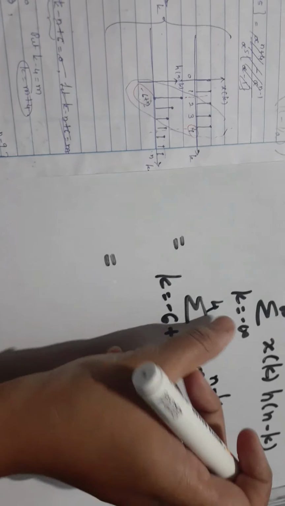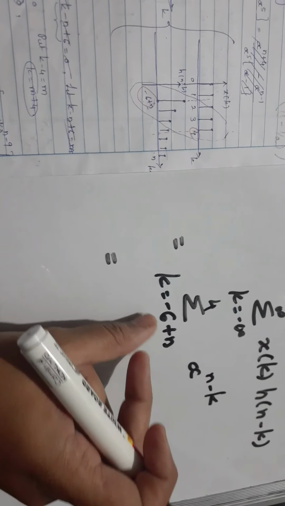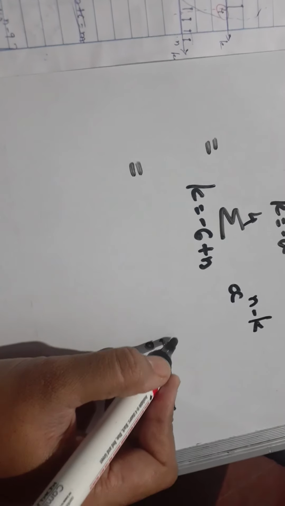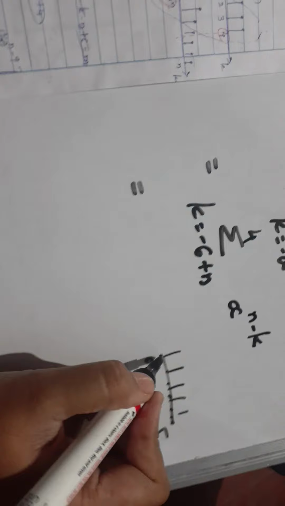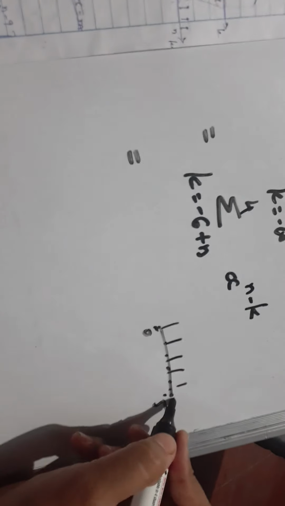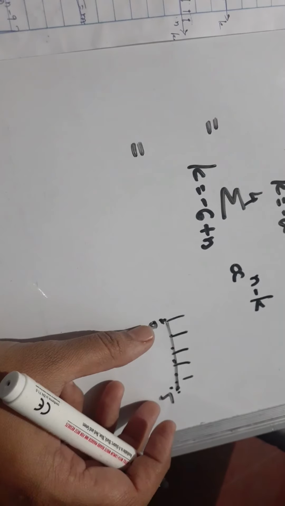Now, the range we can take either from this to this or this to this, no problem. If you have say 0 to 5 different samples, if you add the samples starting from 0 to 5 or from 5 to 0, it won't affect.